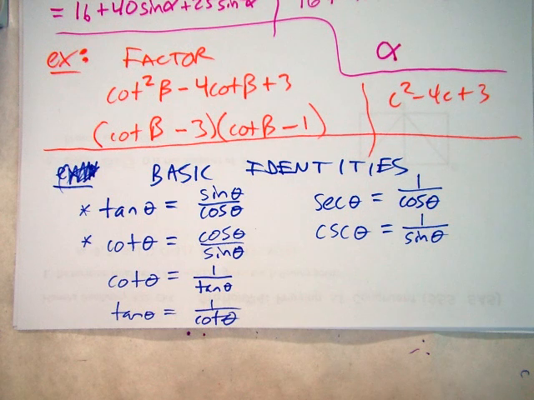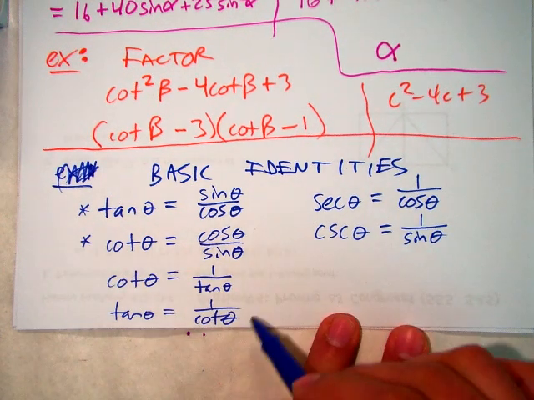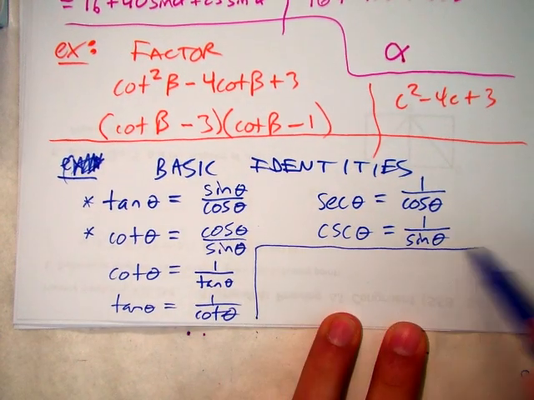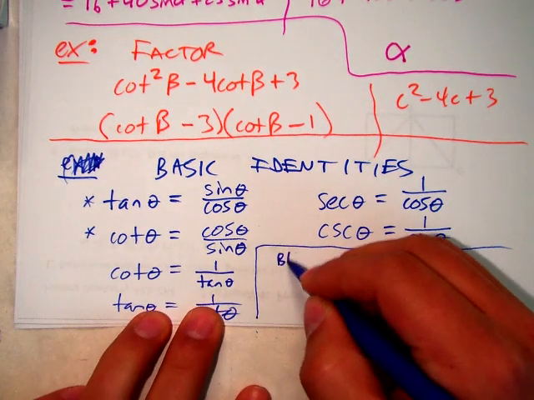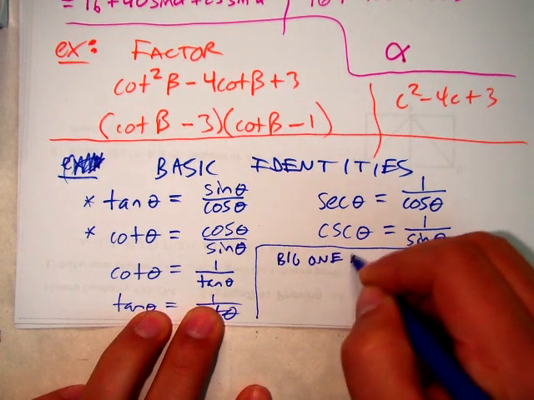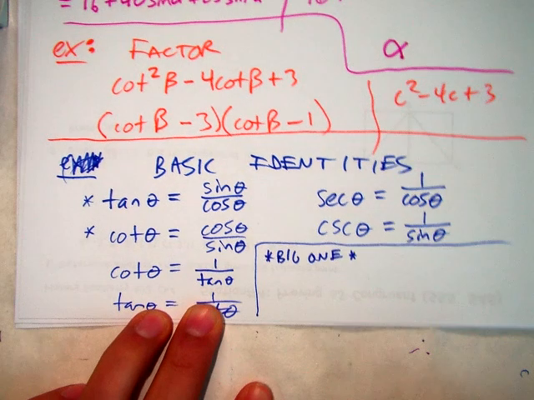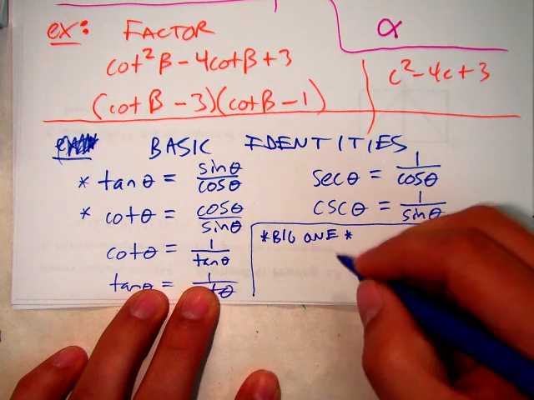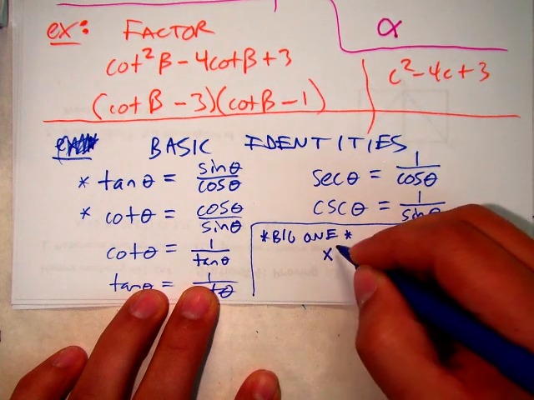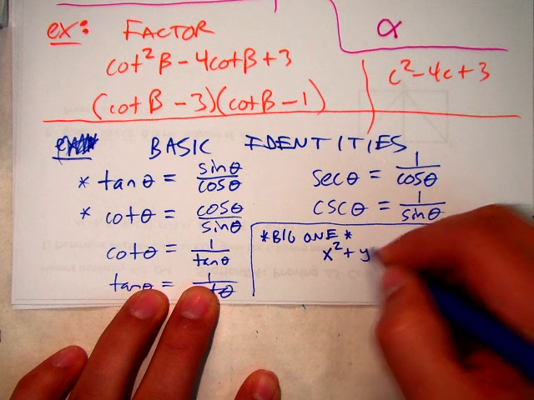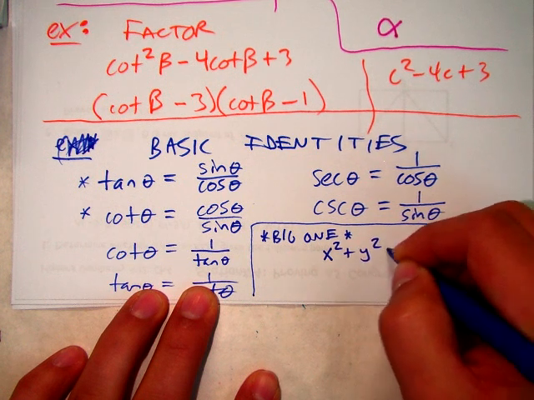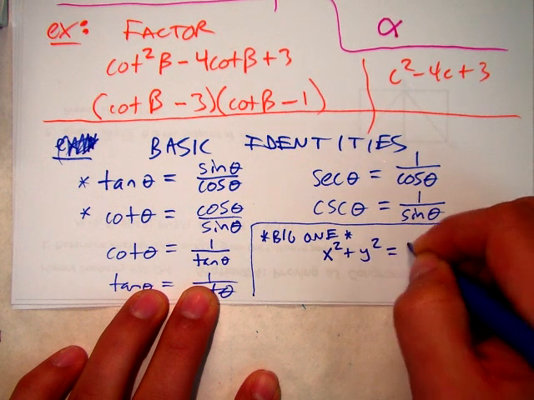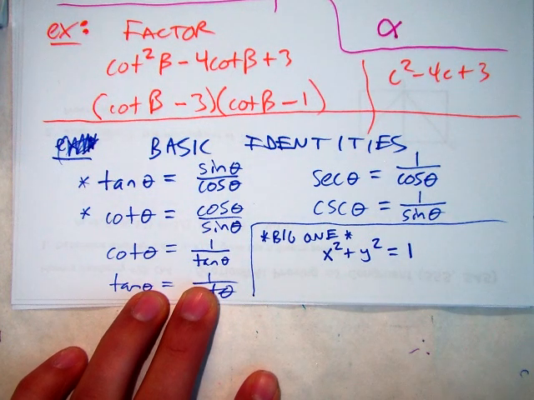Now, the big one. This is a huge identity that we'll use in a little bit. You guys know that the unit circle equation is x squared plus y squared equals 1, right? But what's x?